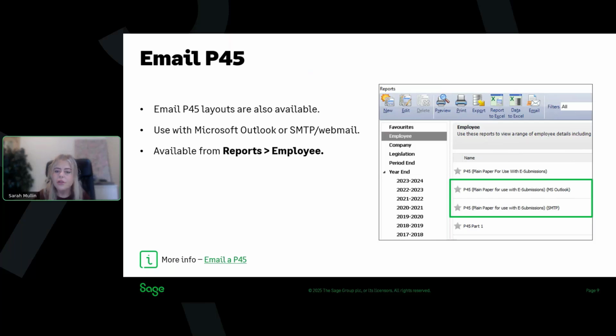Otherwise, you can just do it individually. Once completed, you can choose to print or preview the P45 directly from the wizard. And don't forget, you can always have the option to email it securely, provided you've got those electronic document settings in place. But if you want a full step-by-step guide on that, I have linked more support on the bottom of the slide.